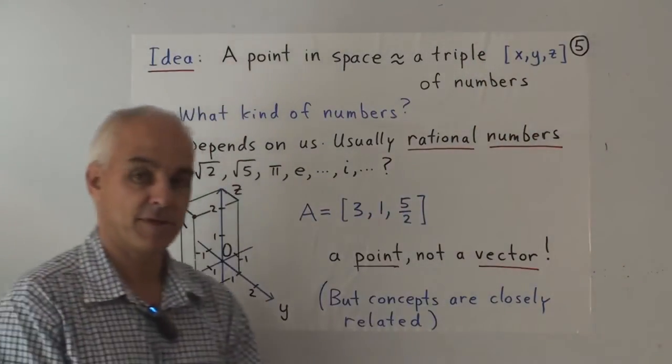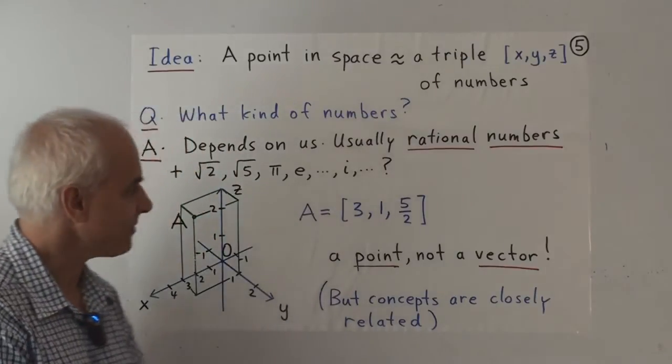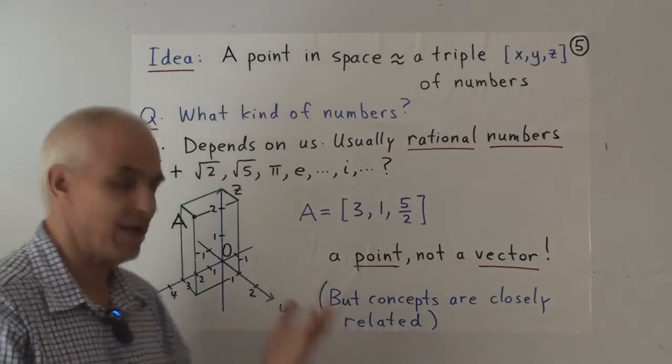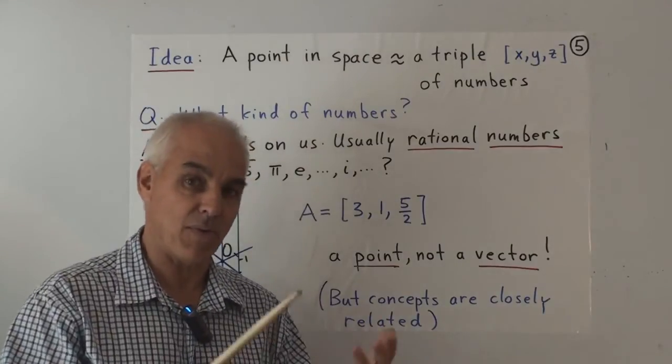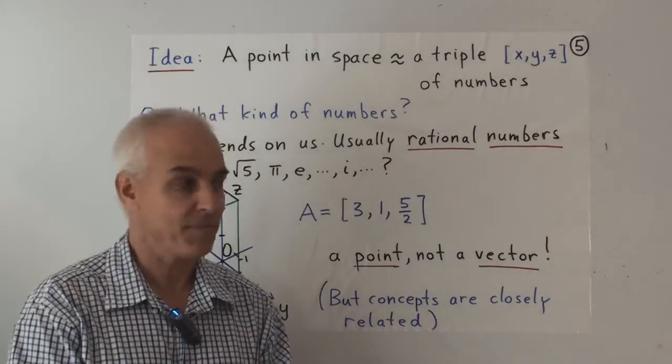What kind of numbers? That's a very good question. And the answer is, well, it kind of depends on us. It depends on what we need to do and what we want to accomplish with our theory.